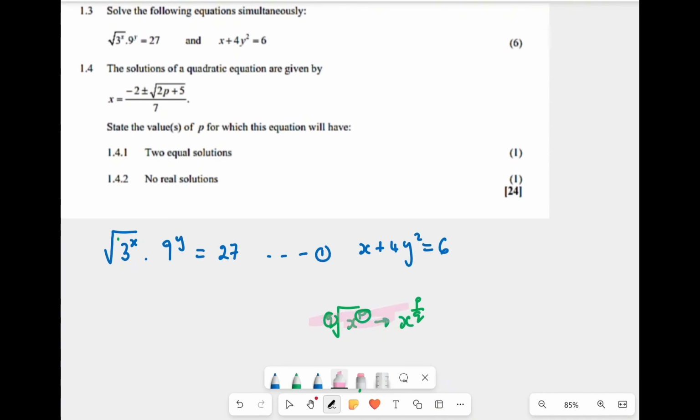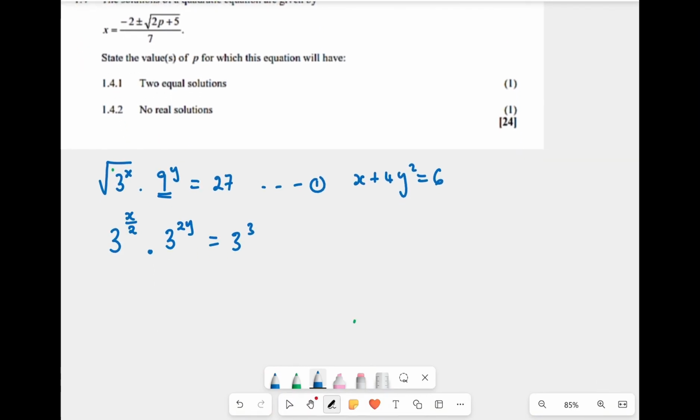So even here, we can write this as 3, and then inside here we have x over 2, because if you have a square root, we know there's 2 there. And then we can always change this base and write it as a prime number. So 9 is the same as 3 squared, so it is 3 to the exponent 2y. This is equal to 3 to the exponent 3, because 27 is the same as 3 to the exponent 3.